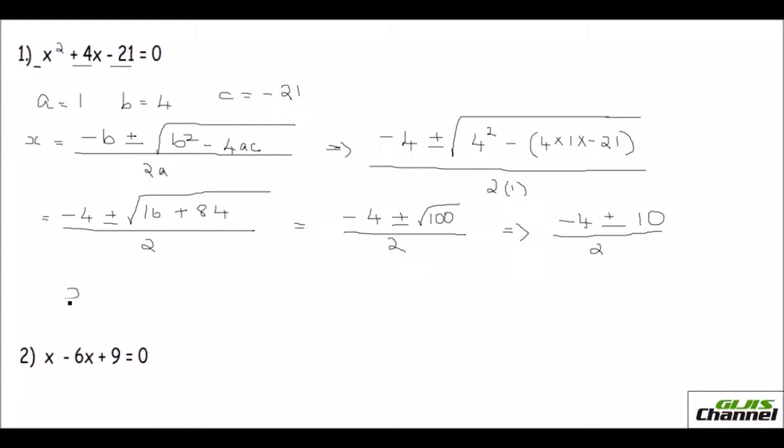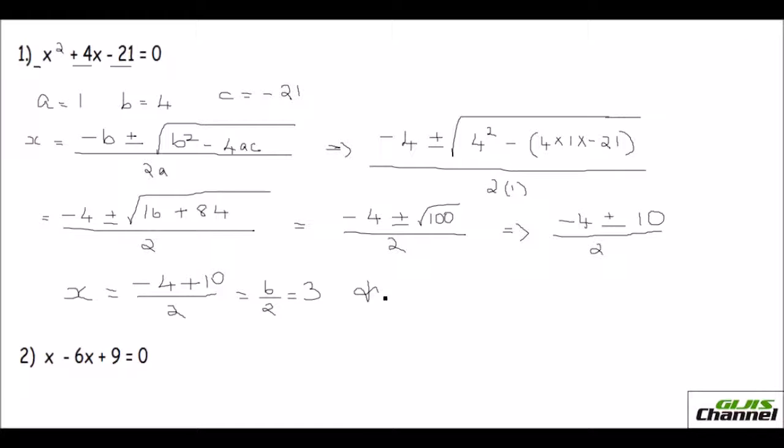So you get the x value as, you have two equations here, right? That is minus 4 plus 10 over 2. So that will give you 6 over 2, which is 3. Okay. So one of your answers is 3.